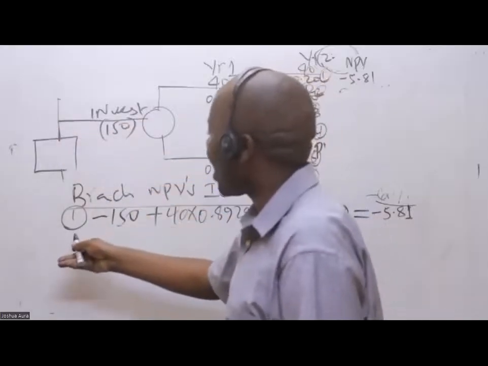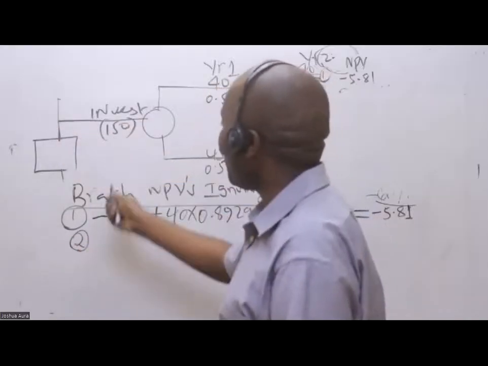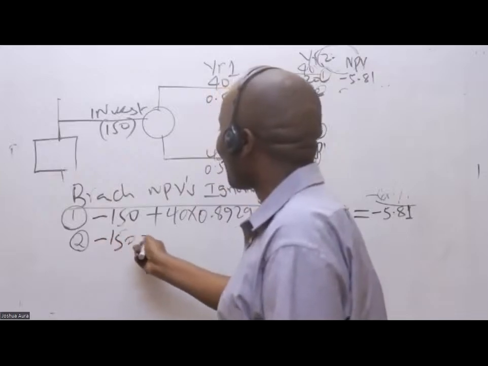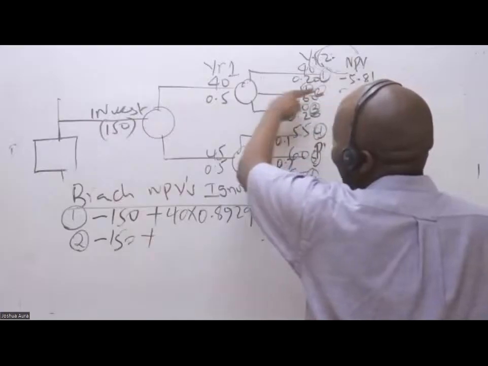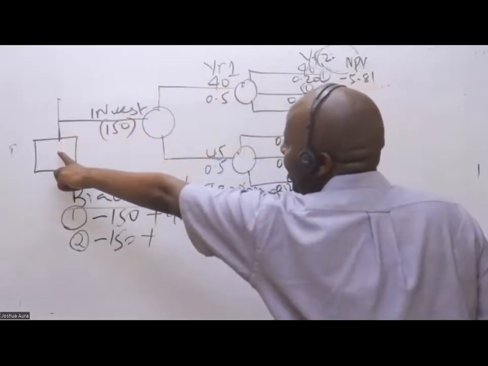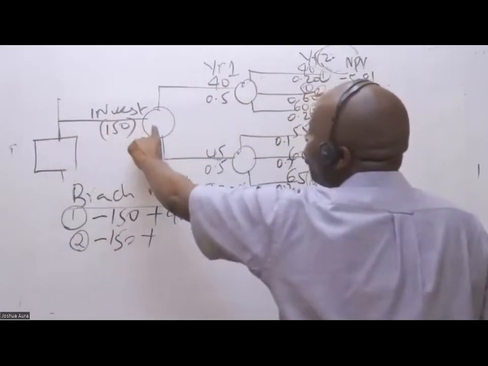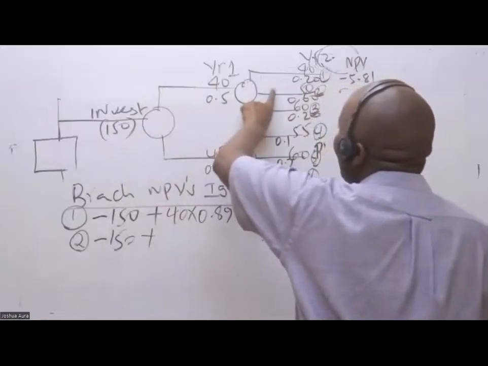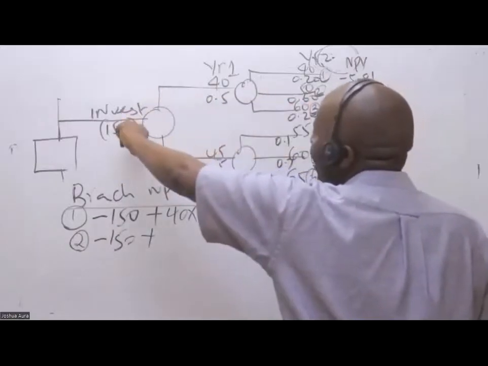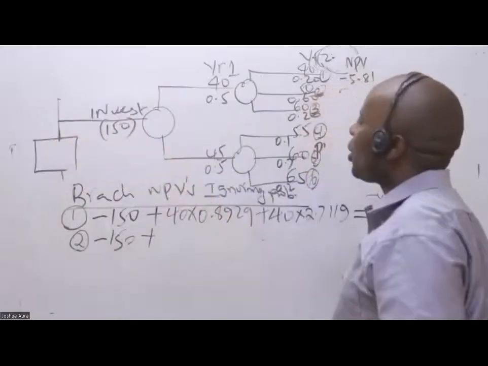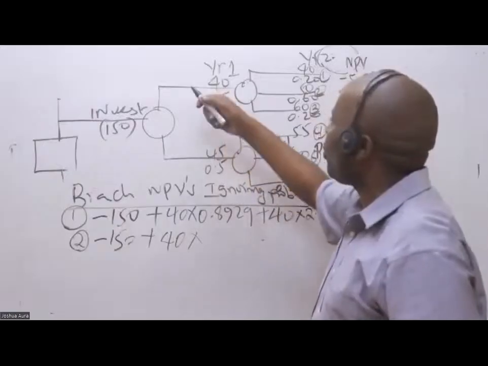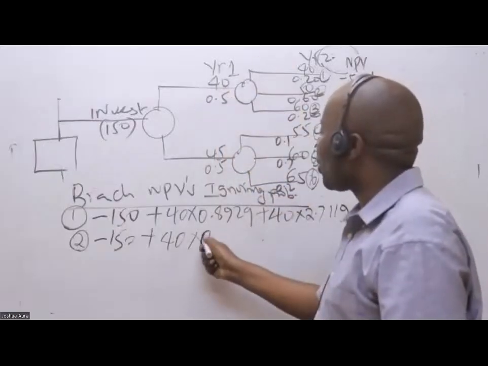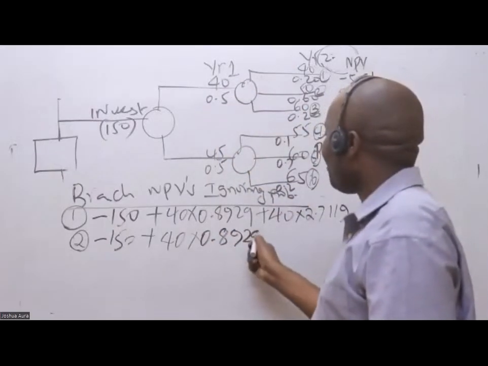So pick the cash flows. Here we have minus 150 plus 40. Are you able to see the cash flows for branch 2? You follow it from here all the way up. So minus 150 plus this 40, which is coming at the end of year 1, has to be discounted.